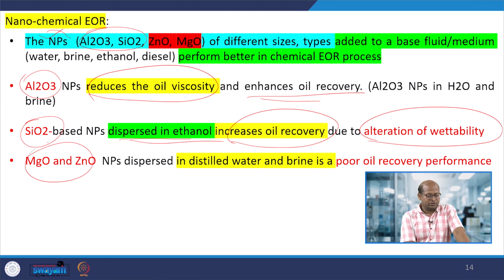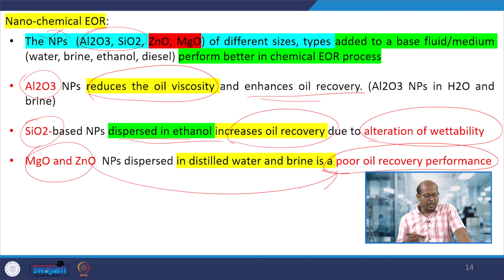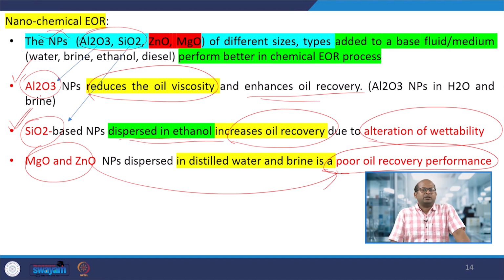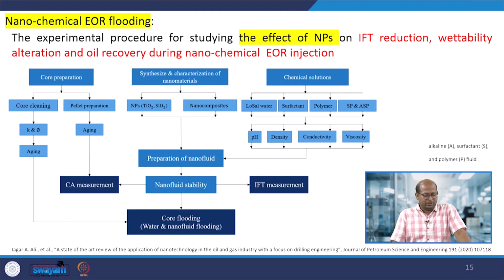But MgO or zinc oxide nanoparticles with distilled water or brines can be used, though the performance is very poor in terms of oil recovery. So alumina and silica are very effective nanoparticles for oil recovery.